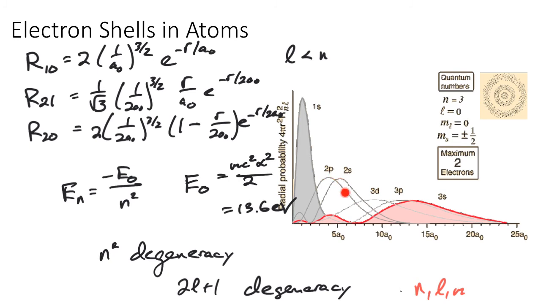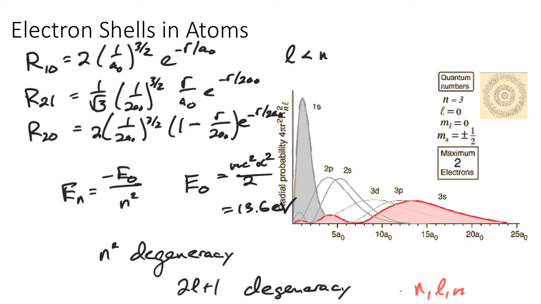So 1 is here, the 2p, and the 2s has this little peak, and then the bigger peak. By the way, the fact that there's this 0 in the 2s state comes from this polynomial having a 0. Now, the 2s state has more probability to be close to the axis than the 2p.